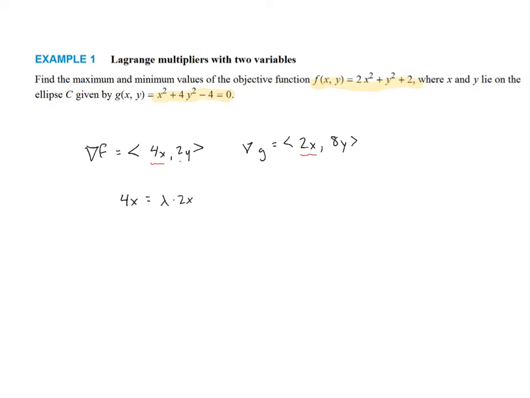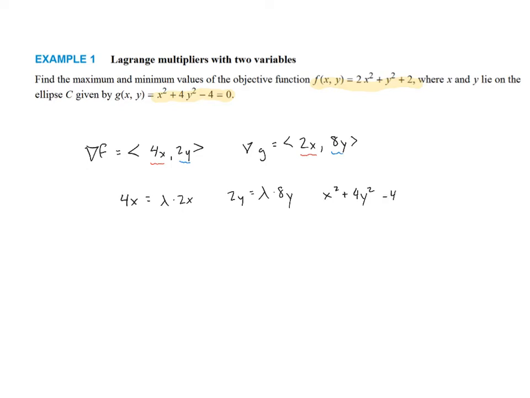Then we take our y components from these vectors and set them equal to each other, and we get 2y equals lambda times 8y. Additionally, I'm going to rewrite my g constraint down here: x squared plus 4y squared minus 4 equals 0.